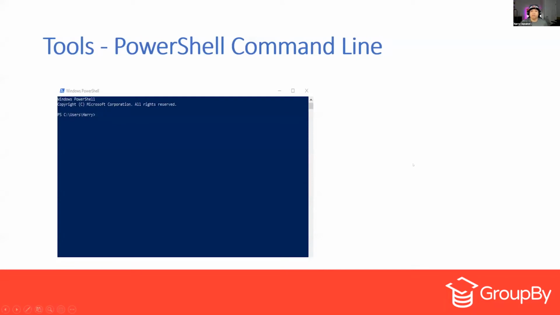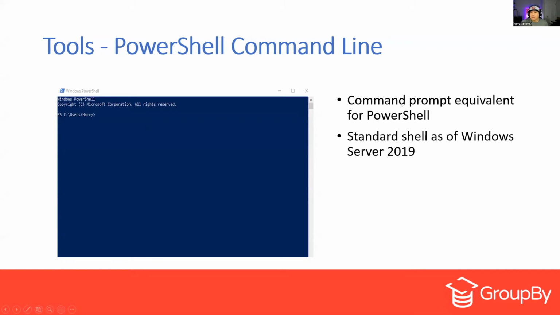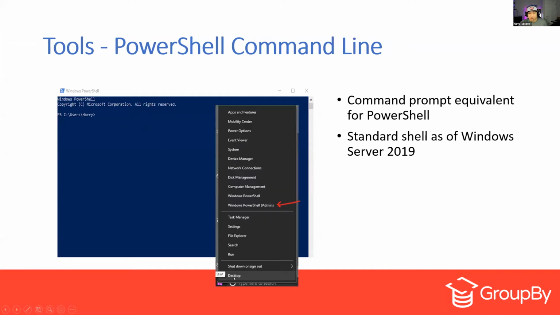All right. So we're going to talk about tools now. The most basic tool I use a lot is the PowerShell command line. This is the command prompt equivalent for PowerShell and is standard in Windows Server 2019. If you right-click on your Windows button before Windows Server 2019 or the Windows 10 Anniversary Update, I forgot the exact number, it still shows as Command Prompt.